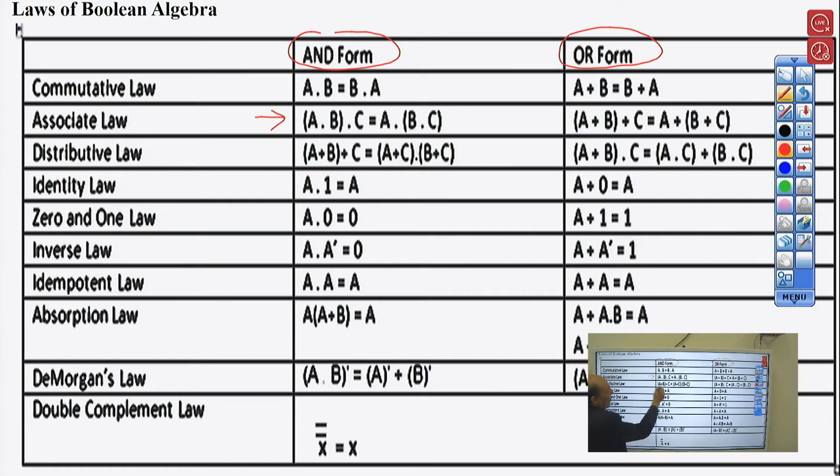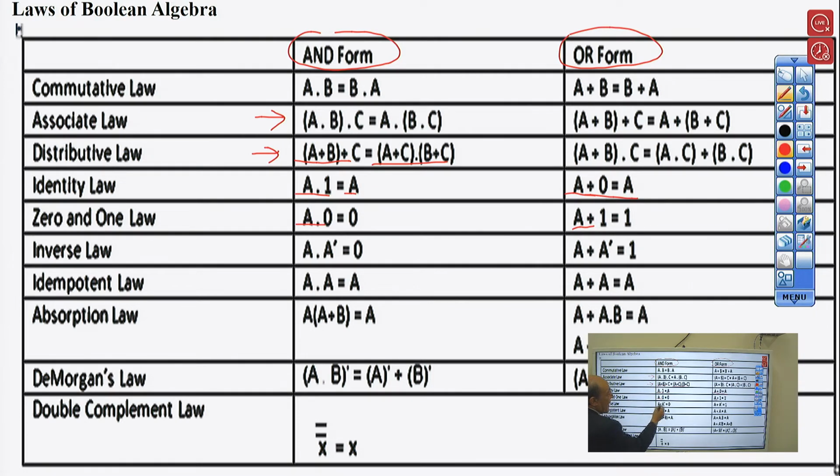Distributive law: A or B together and C equals A or C and B or C. And A and B for the OR form, or C, equals A and C or B and C. Identity law: A ANDed with 1, I already told you about that, equals A, and A ORed with 0 equals A. 0 and 1 law: A ANDed with 0 equals 0, A ORed with 1 equals 1.